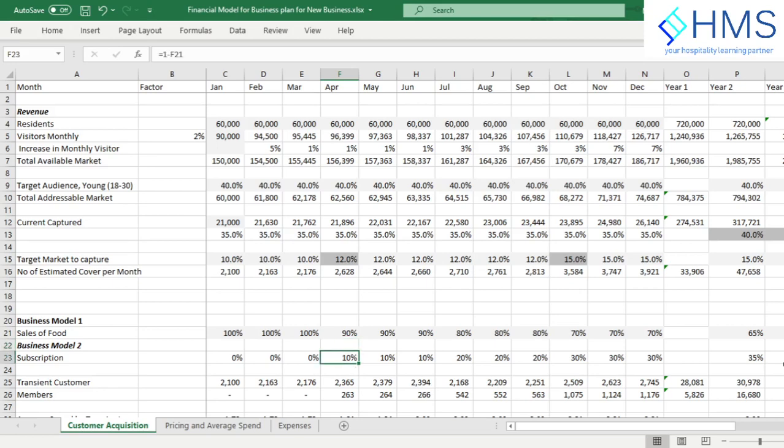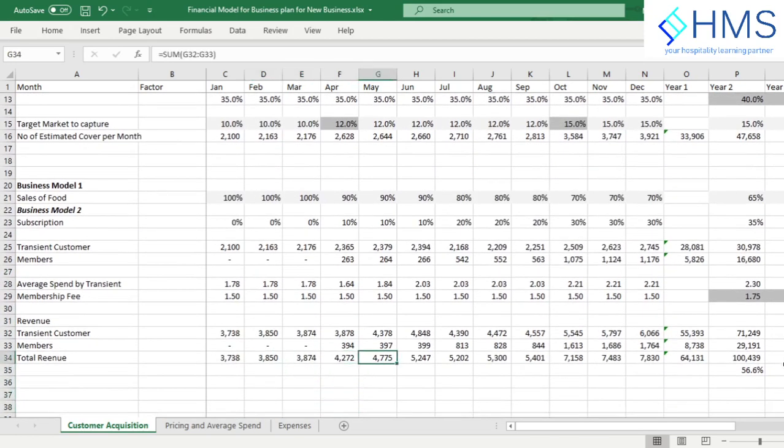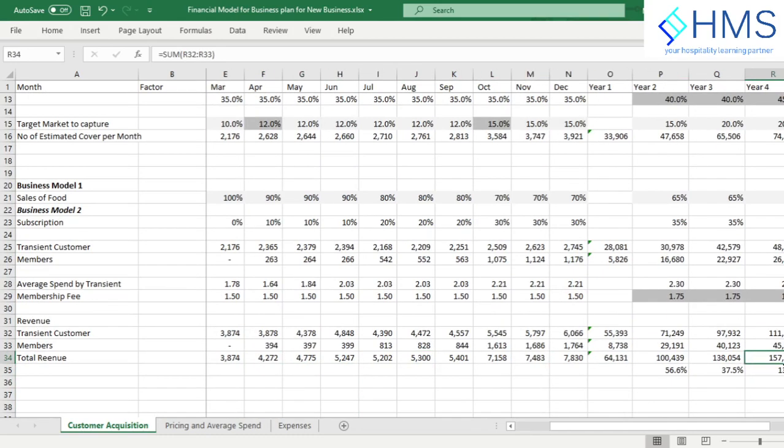Then we discussed how to model the revenue from one month to another, and be able to justify the rationale for the increase in revenue in the first year, and then from the first year to the second year.